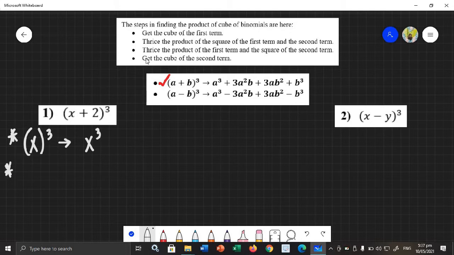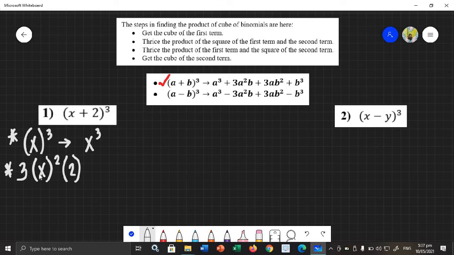And then applying the second step, we have thrice the product of the square of the first term. So i-square natin yung first term. The first term is x, kunin natin yung square niya. And the product of the second term. Second term natin is 2. Disregard muna natin yung sign. And when we say thrice, ibig sabihin, we need to multiply the product of this by 3, kasi thrice, tatlong beses.